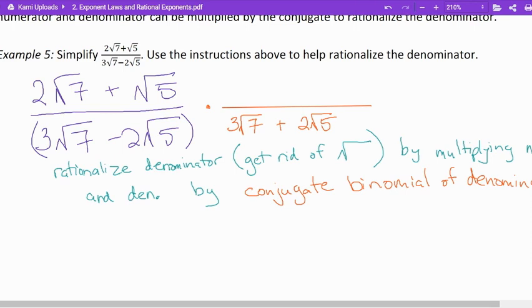Miles, do you agree? Okay. What else must I do? What is it, Miles? That's right. And so if the numerator and denominator of this orange fraction are identical, it's as if we're just multiplying a fraction by 1.